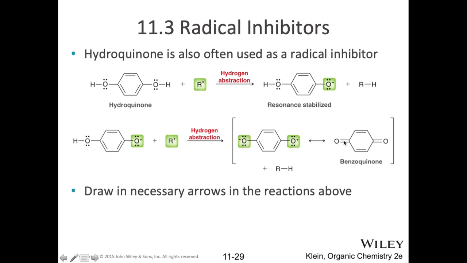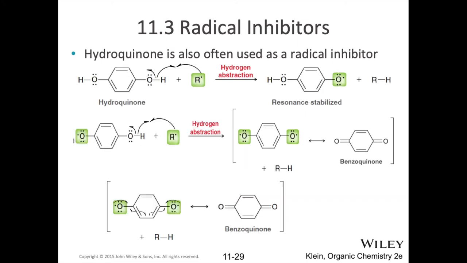Well, that quickly undergoes resonance and forms benzoquinone, which is a very stable system with conjugated pi bonds, right? So yeah, that basically helps it soak up free radicals that are floating around.